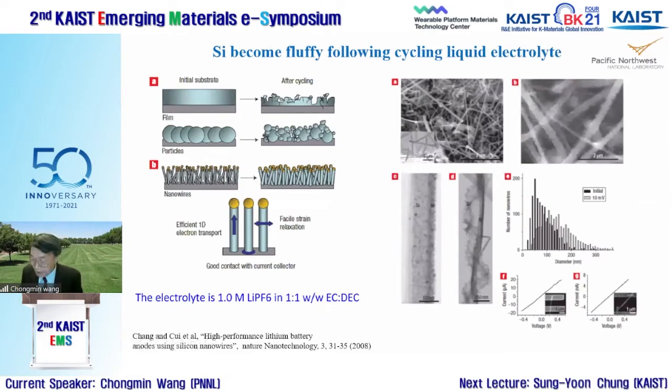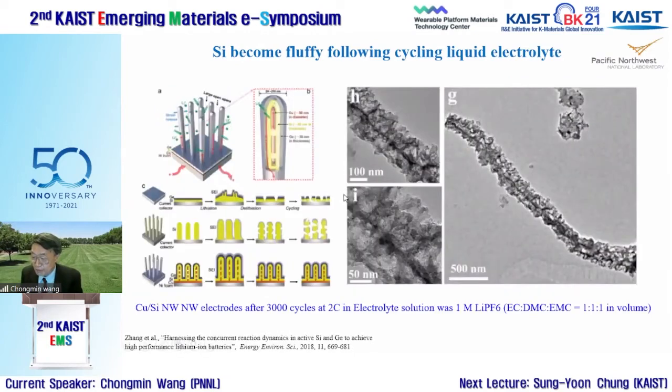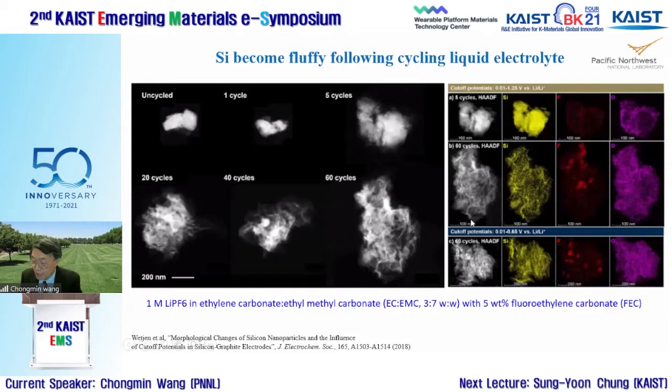People also make silicon nanowires on copper wire, and you cycle the battery and see the silicon become fluffy as well. People never understood what's going on here. This is a kind of puzzle.